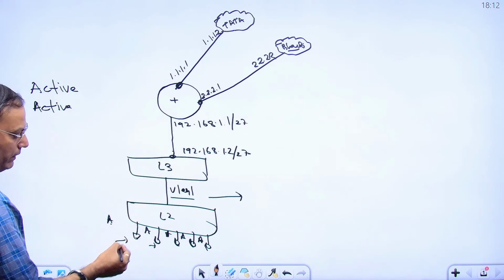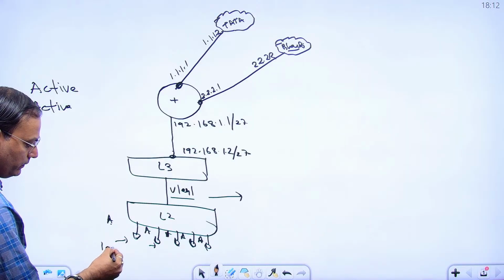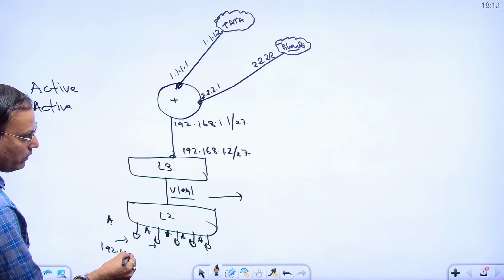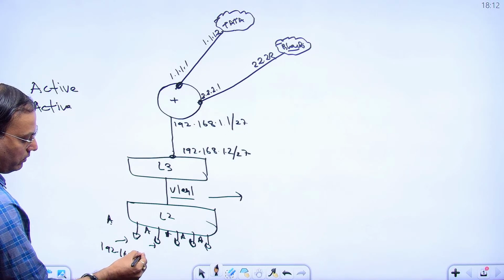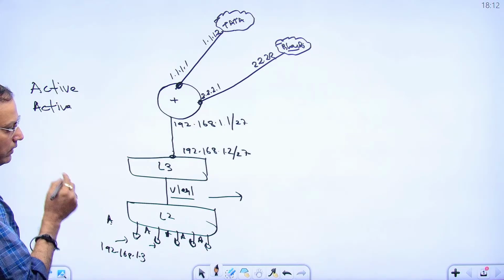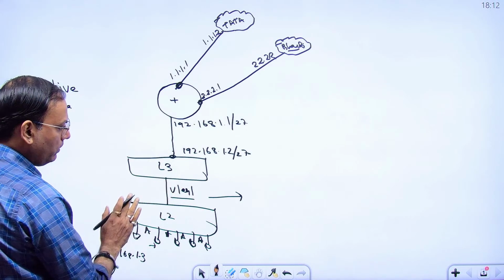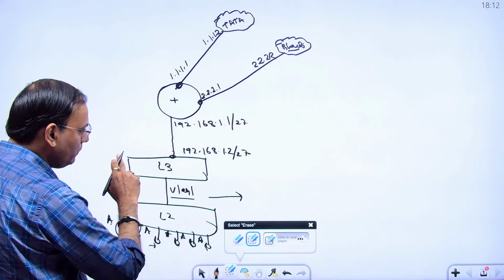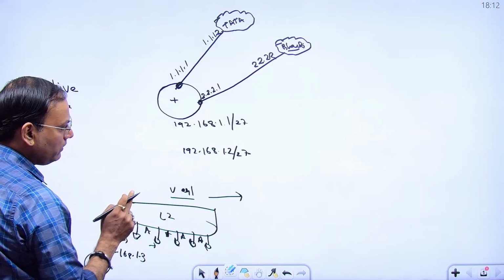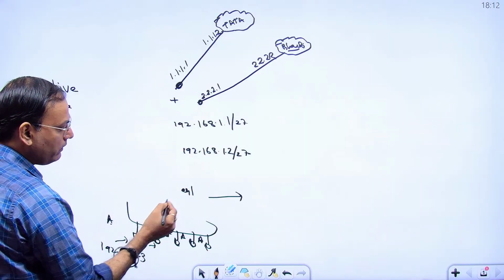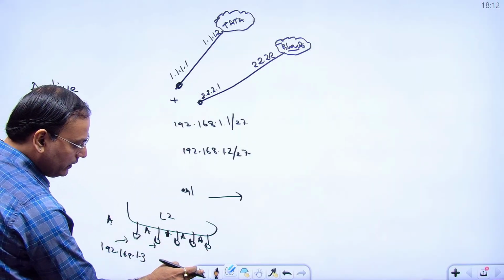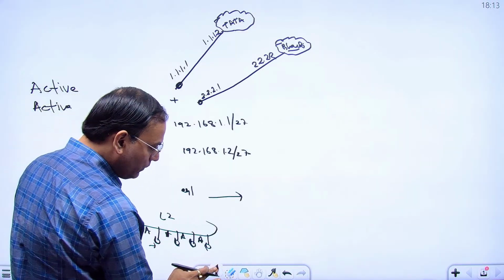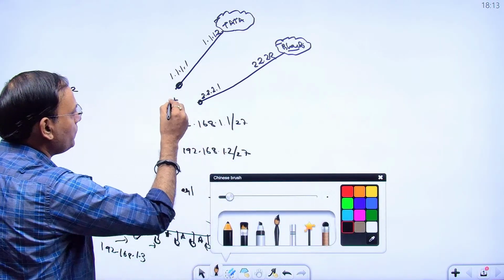So let's say the IP will be 192.168.1.3. Better if you can do one thing, this change, I will change the diagram. So what I will do, I will remove this L3 switch and I will directly plug the cable from the router to the L2 switch.